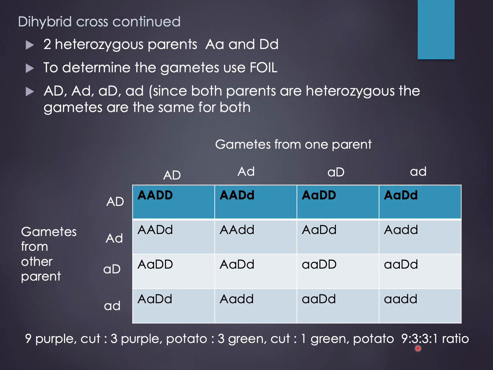So this 9:3:3:1 ratio is typically what you would see with both parents heterozygous.